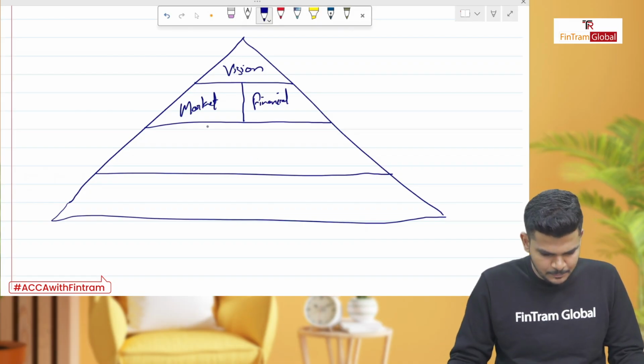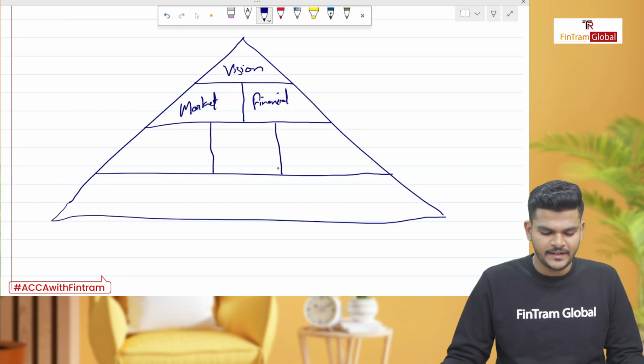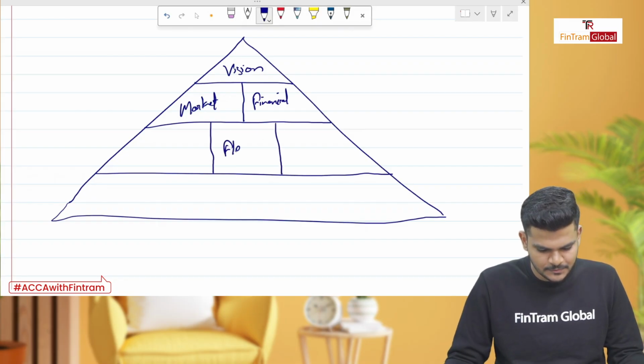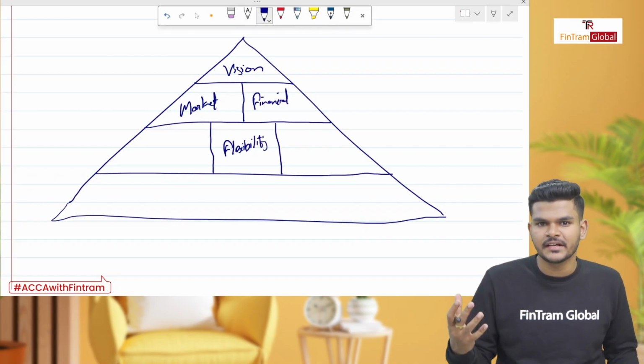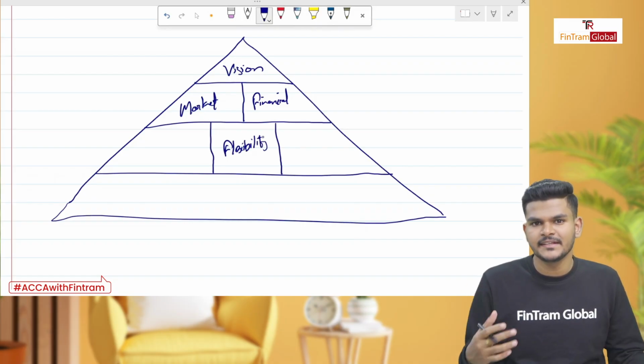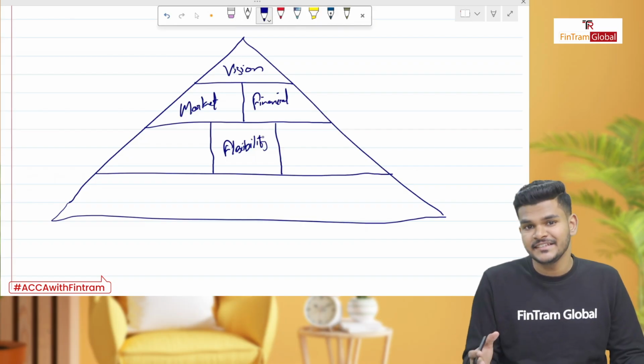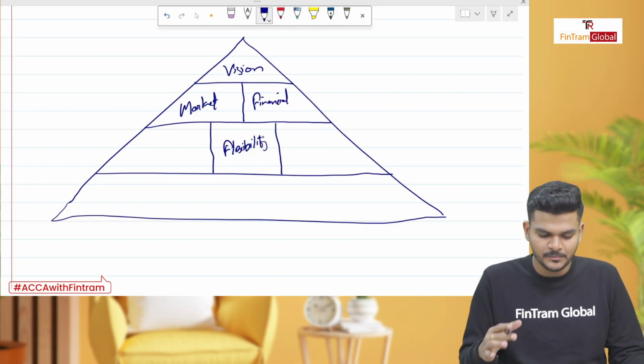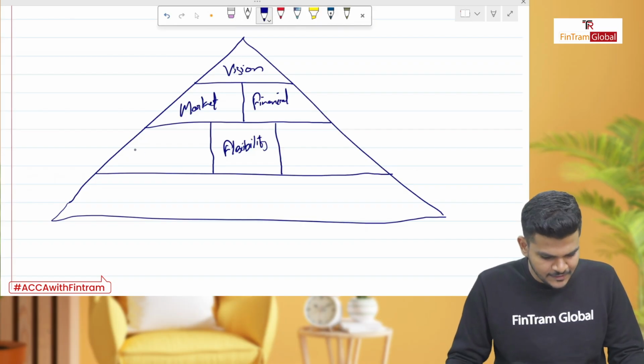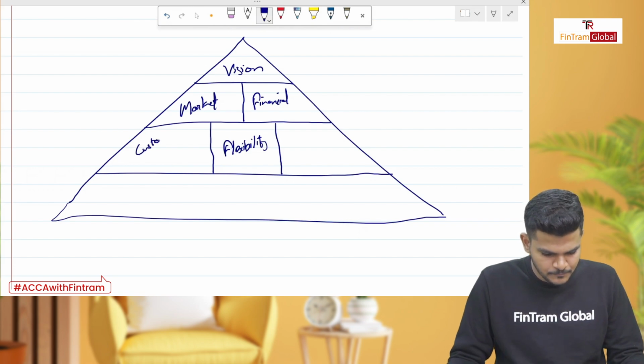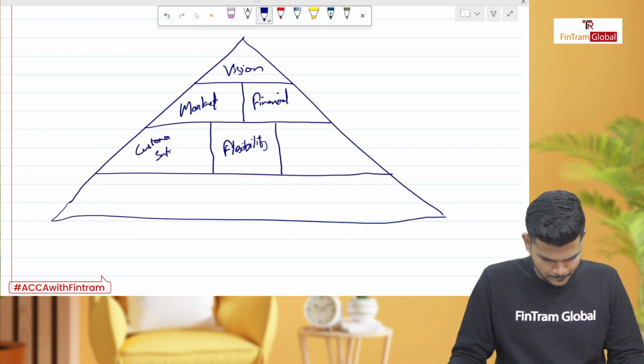And then below that, we have three items which support the market and financial aspects, which is, first of all, flexibility. Is the company able to meet customers' demands and needs according to their changing tastes and preferences? That's basically what flexibility is all about. And then there's customer satisfaction, right?